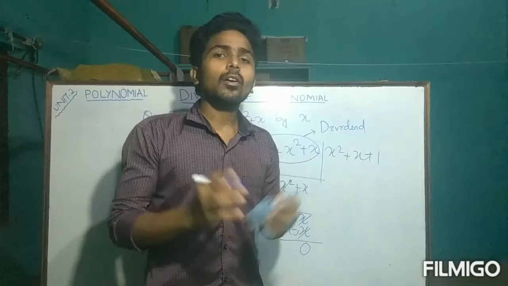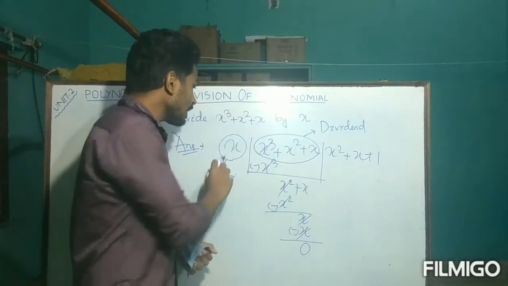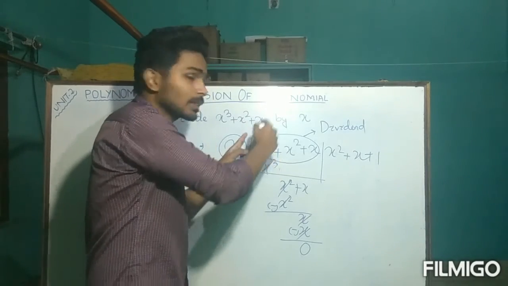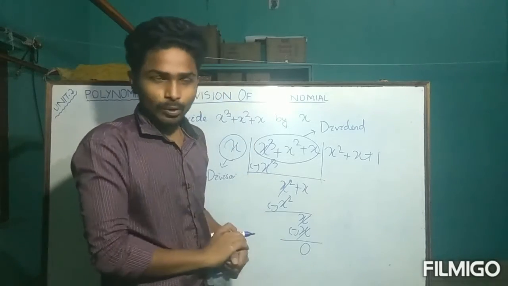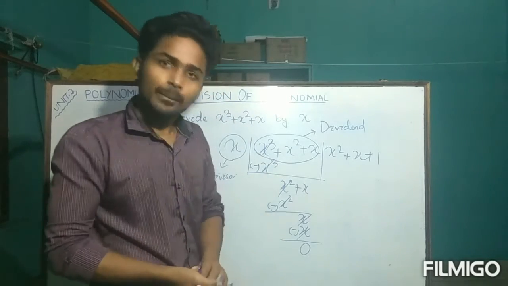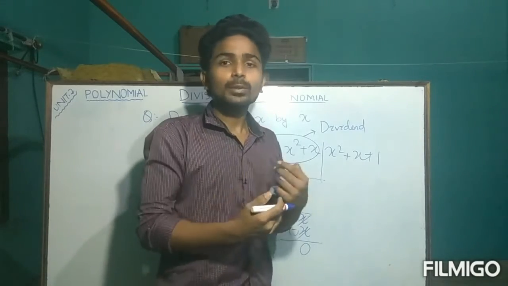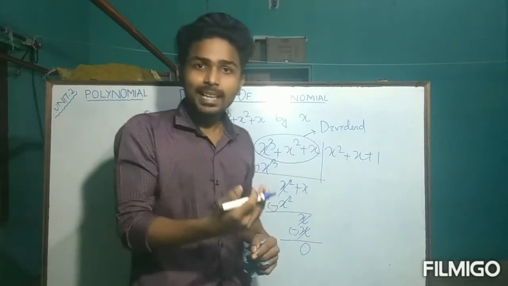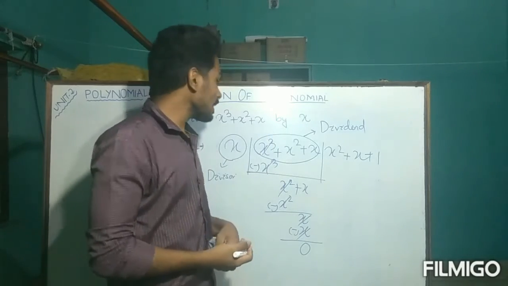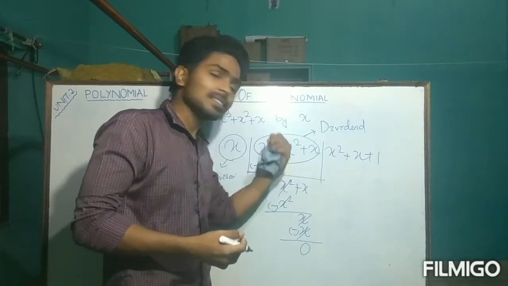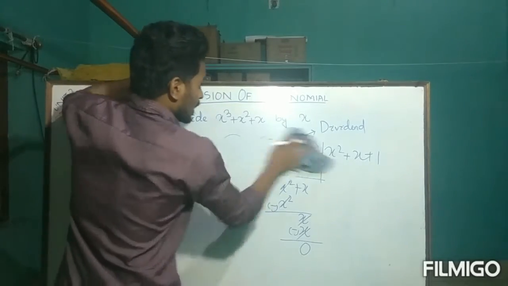By the long division method we can say whether a divisor completely divides the dividend, or whether the remainder becomes 0. But there is some procedure through which we do not use the long division method, but we can easily say whether the remainder becomes 0 or whether the divisor completely divides the dividend. Let's find out that procedure.